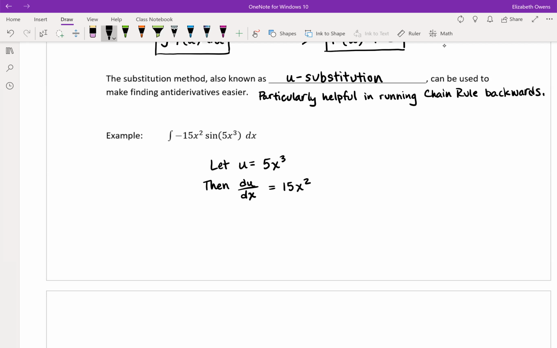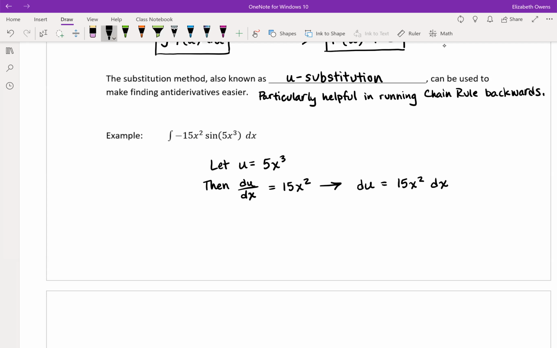Notice how, if we look at this in a differential sense, think back a couple chapters to differentials, move that dx over to the other side. du would be 15x squared dx. Notice how both of those things are actually inside our integral here, 15x squared and dx. Interesting.